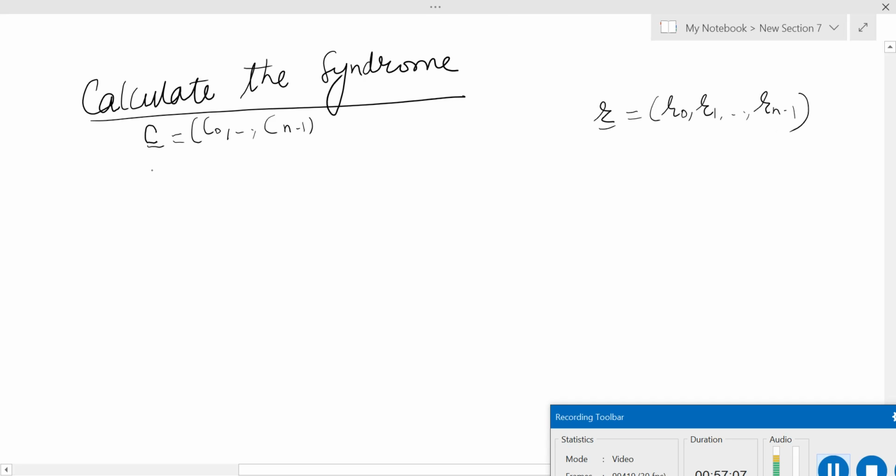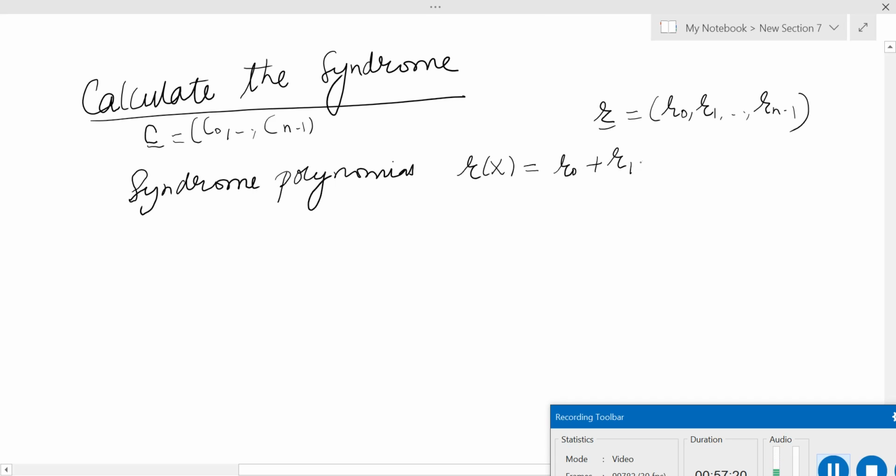Now corresponding to the syndrome, you have a polynomial, r of x is equal to r naught plus r1x plus up to rn minus 1 x to the power n minus 1.